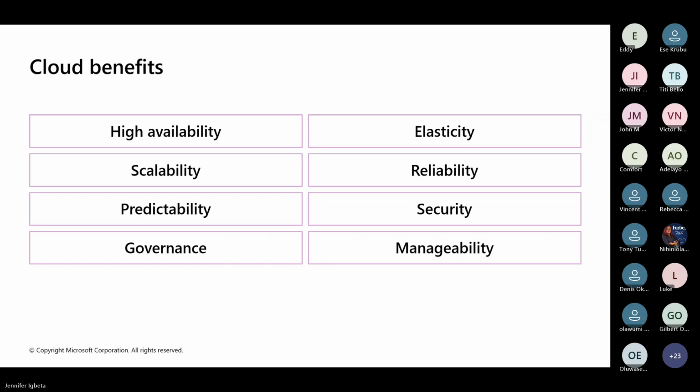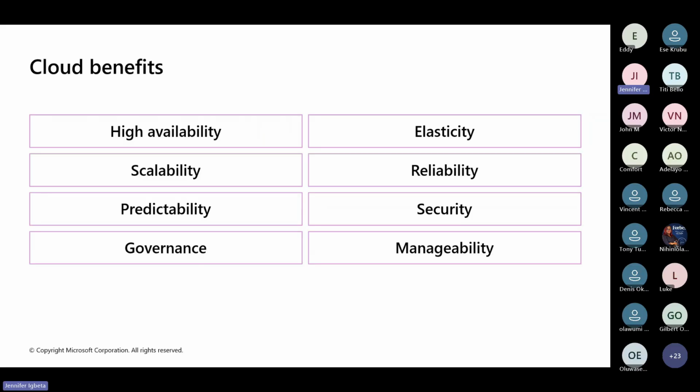Okay? Now, with all of this I have just said, it brings us to the fourth point, which is reliability. It means that the cloud is reliable. The cloud can offer you high availability by scaling your resources at will.